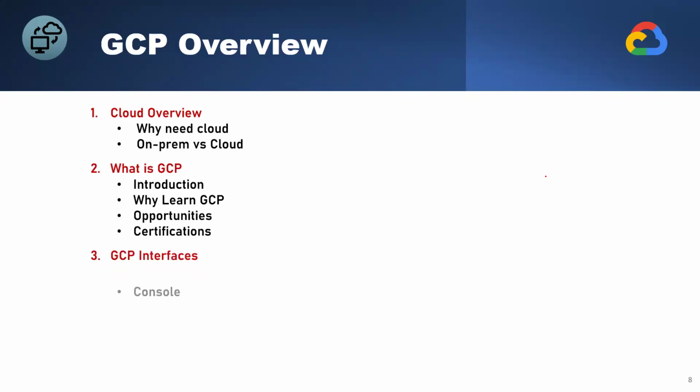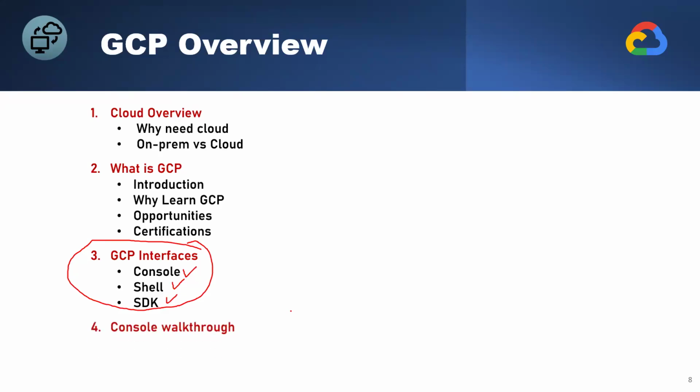Then GCP interfaces: console, Cloud Shell, and Cloud SDK. We have seen plenty of services are available, guys, right? If I want to interact with those services as a data engineer or a DevOps engineer or a developer, you need to know these interface methods. That is what we are going to cover tomorrow.